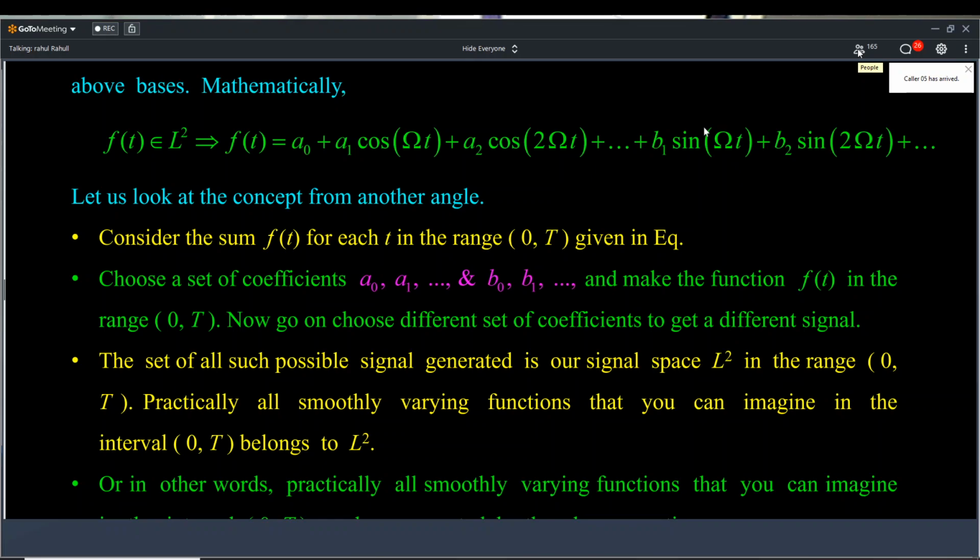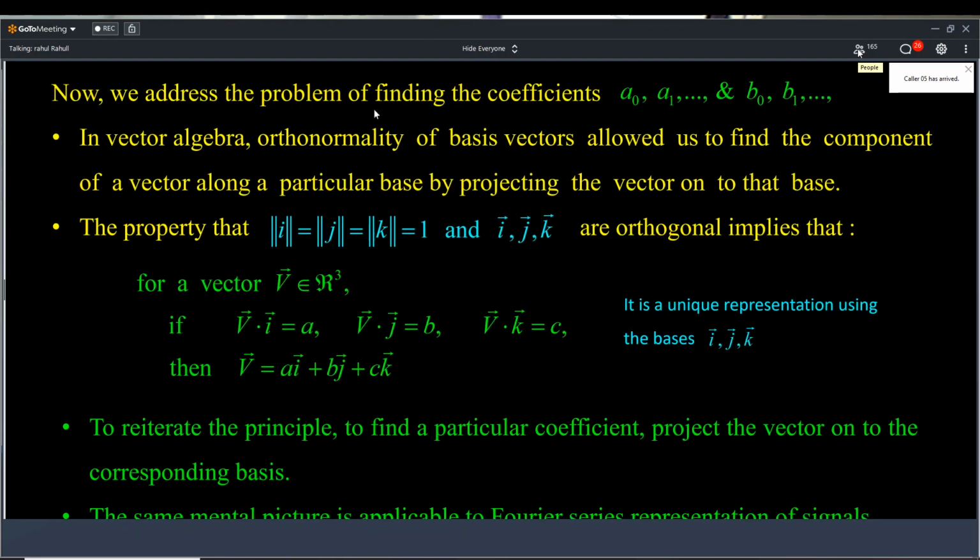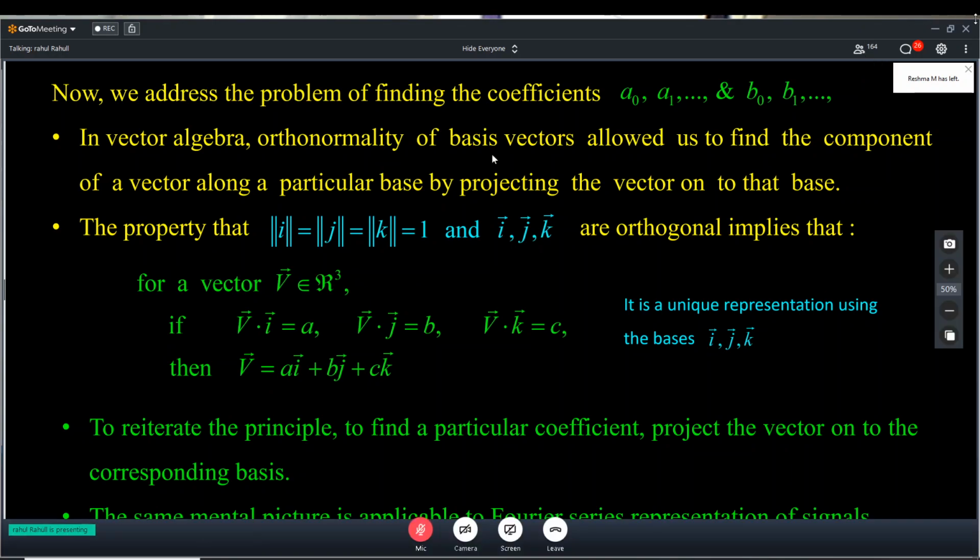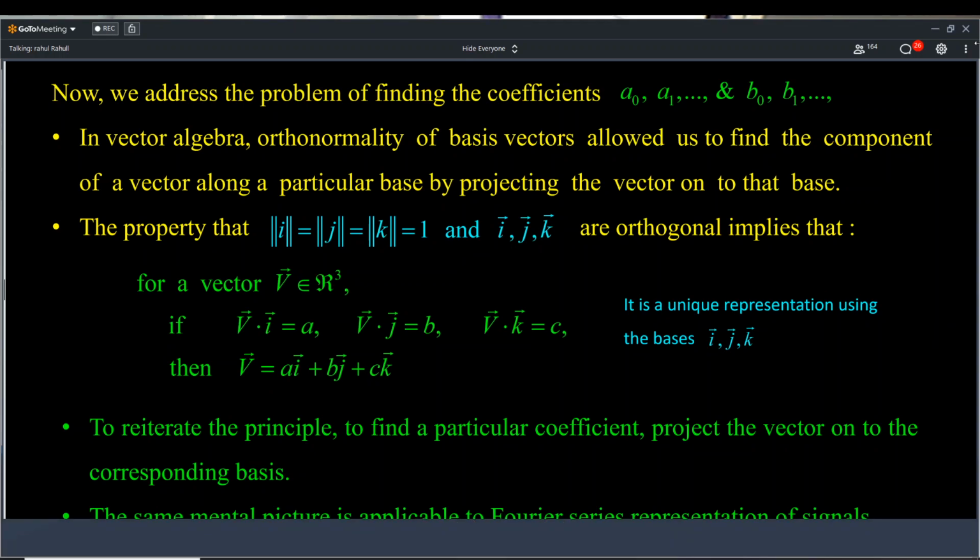So in generalized terms, we now address the problem of finding the coefficients a0, a1 and b0, b1 and so on, that is a and b. In vector algebra, orthonormality of the basis allowed us to find the component of the vector along a particular base by projecting it on that base. That is the property that norm of i is equal to norm of j is equal to norm of k is equal to 1, that is the unity norm.